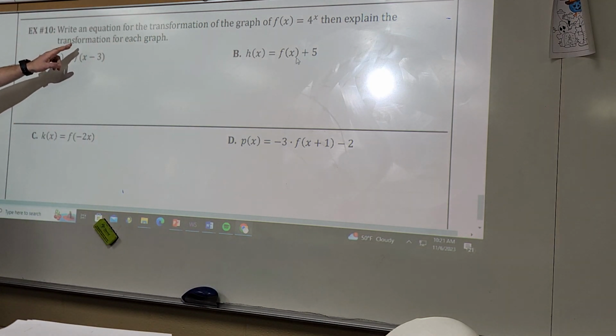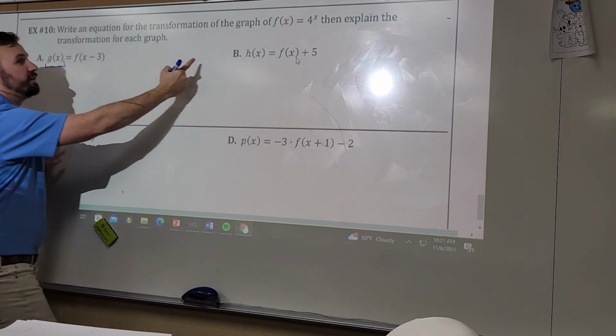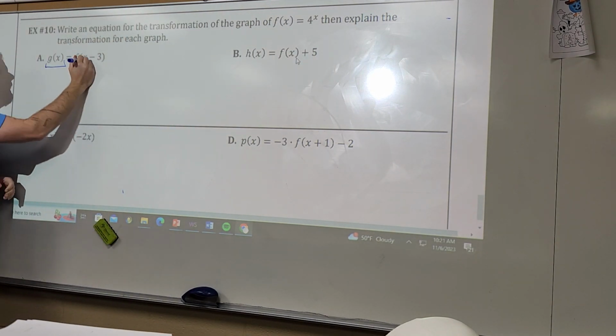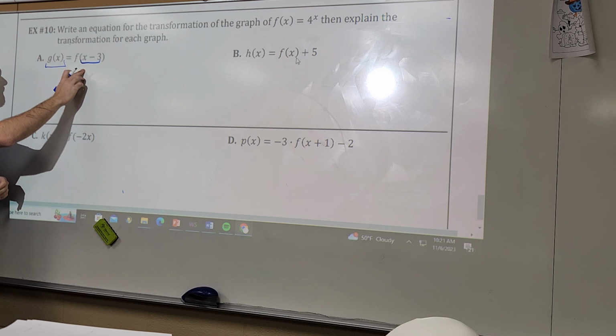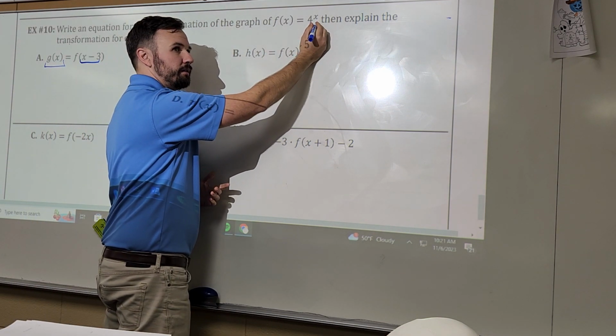Here's our equation. Let's graph it with the transformation and then describe what's happening. Maybe this is actually a nice little review. So this is my g of x is my f of x minus 3. That minus 3 is in parentheses, right? Which, if I recall, means wherever I see an x, what do I plug in?